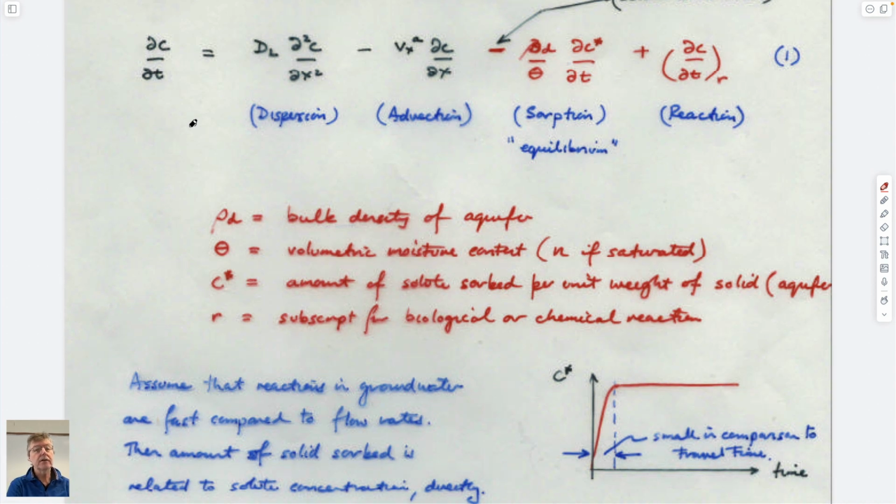that if you look at our advection dispersion equation, then we know that this is accumulation. And we know that this is basically mass in minus mass out, dissolved mass.